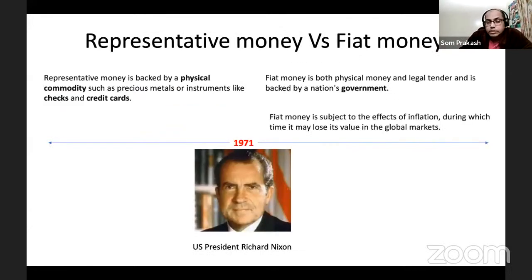But in the case of representative money, it is still the bank notes, it is still the coins, but that is backed by a physical commodity. That means there is a backing of so much gold or so much silver. So this is backed by certain precious metals.